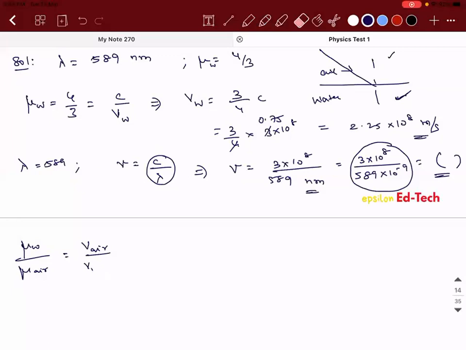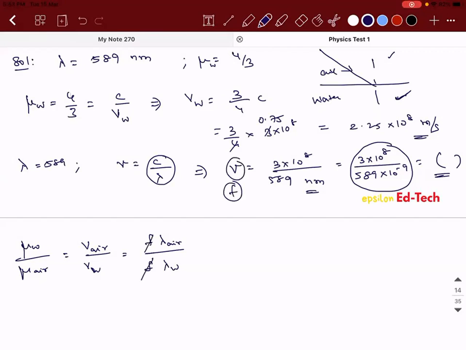Right. How do you write it in terms of wavelength? Can I write it as F into lambda of air divided by F into lambda of water? Right. F and F will get cancelled because F stands for the frequency.